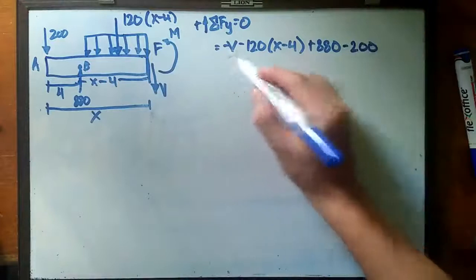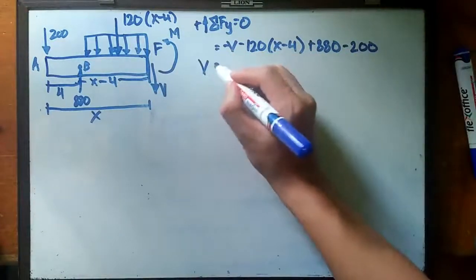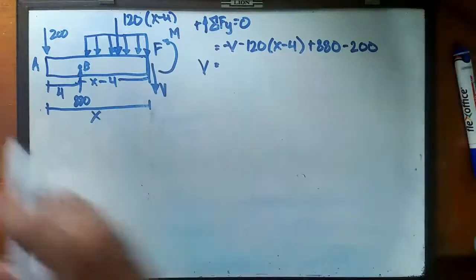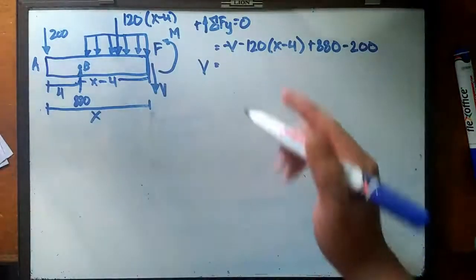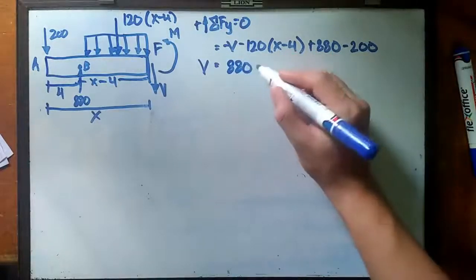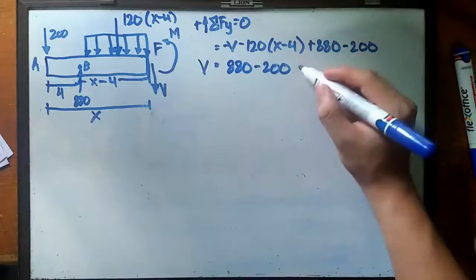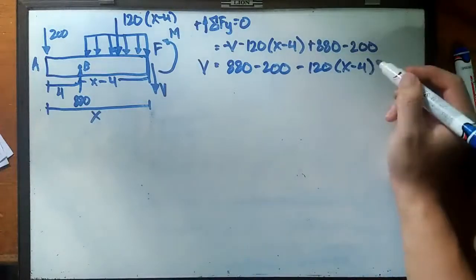Simplifying this, all we need to do is to transpose V to the other side. So that should be, for that shear formula, simply 880 minus 200 minus 120 times (x minus 4).